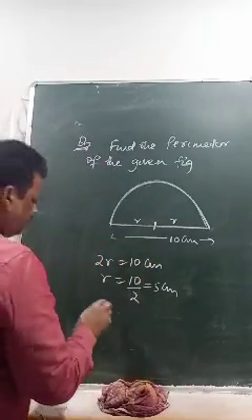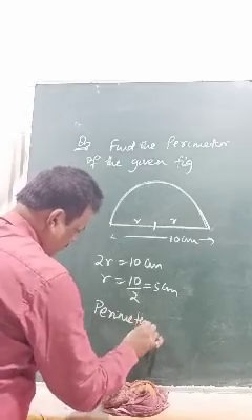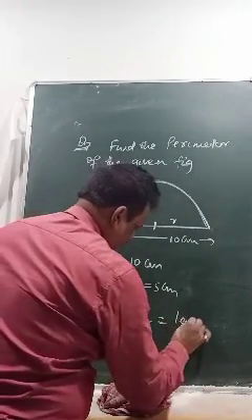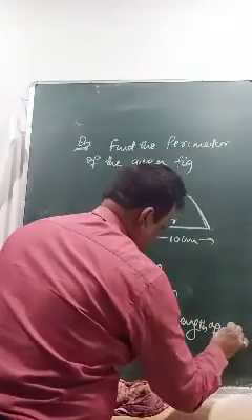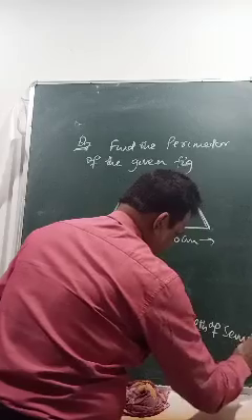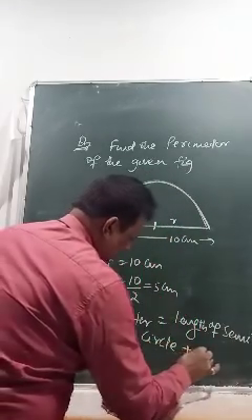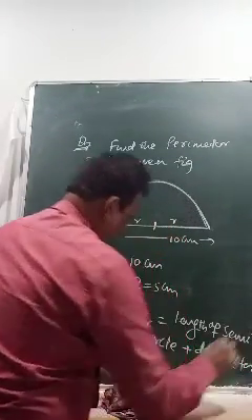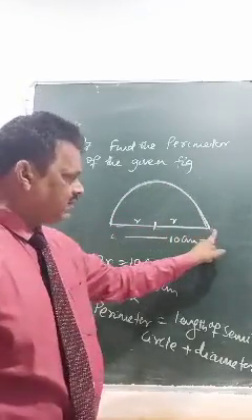So you can write perimeter is length of semicircle plus diameter.